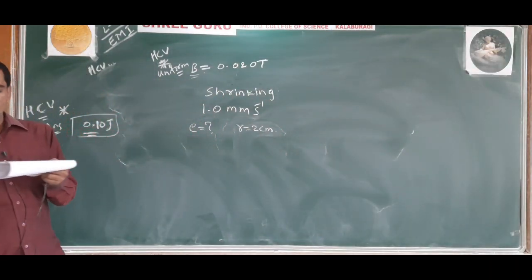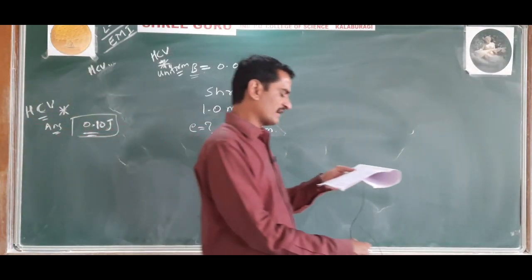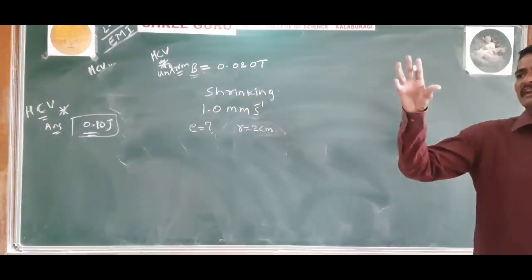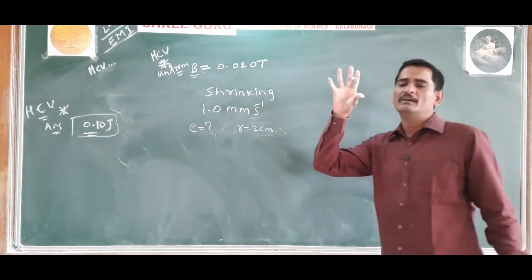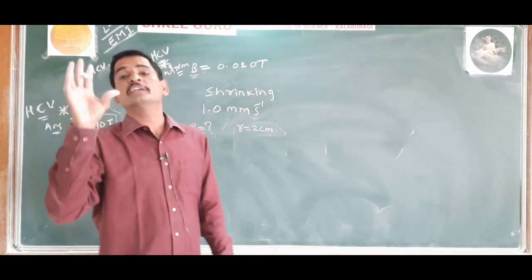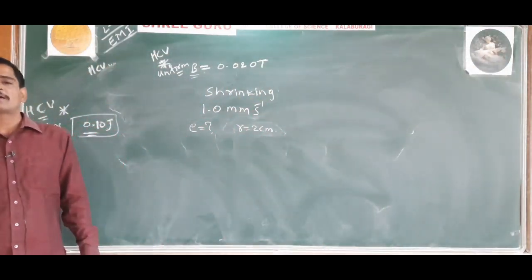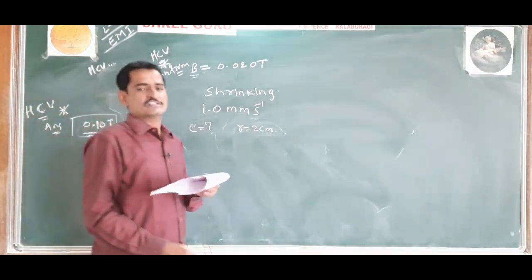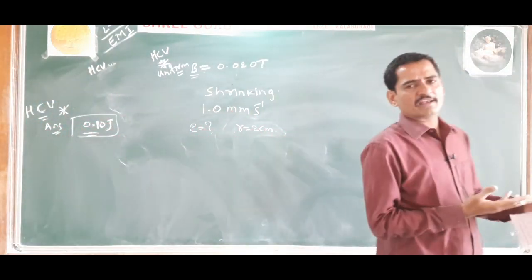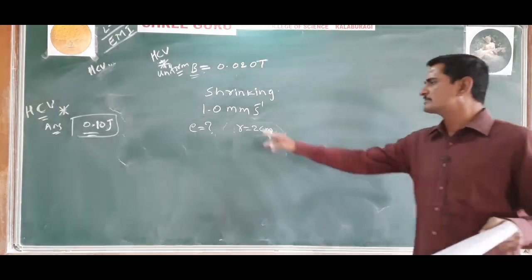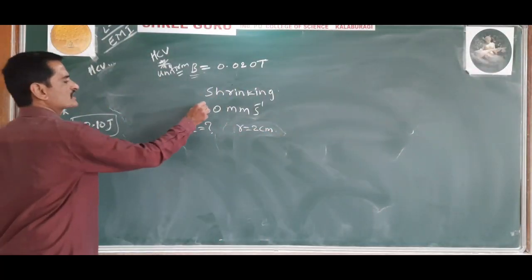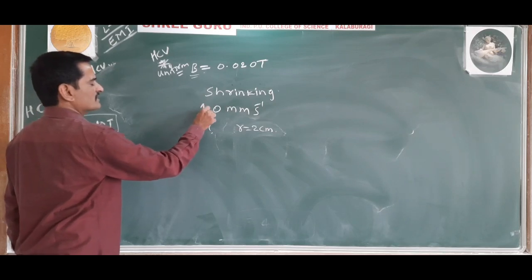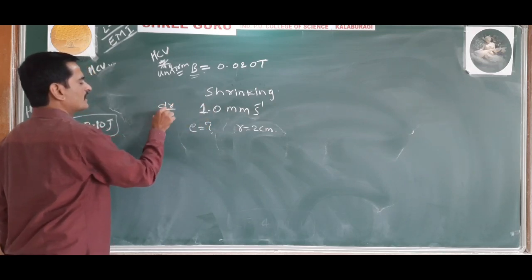And somehow the radius of the loop starts shrinking at a constant rate. That means the area of the circular loop is changing. The radius is shrinking at a rate of 1.0 millimeter per second, which is the rate of change of radius, dr by dt.